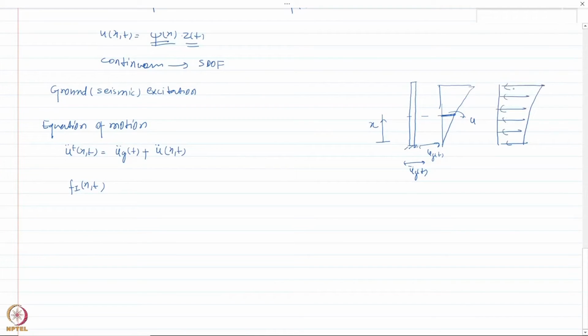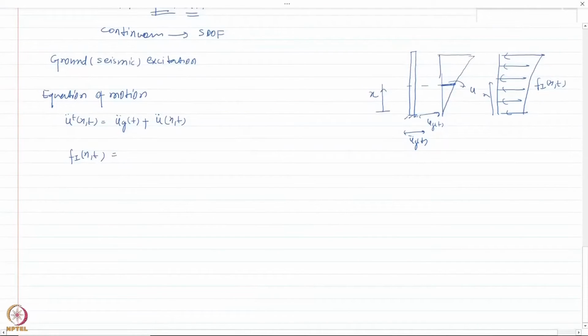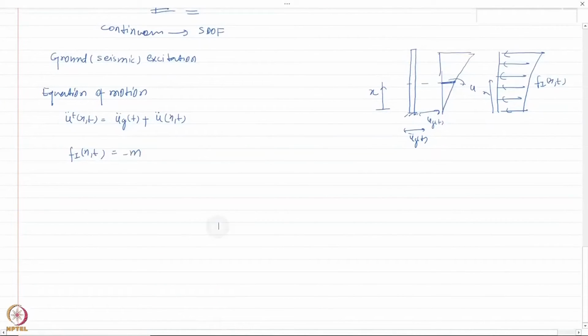I'm applying it opposite to the direction of motion. So at any height x, I can write the inertial force as f_I(x,t), and this would be mass times acceleration. Let us say the mass is a function of x, so it doesn't have to be a constant mass.